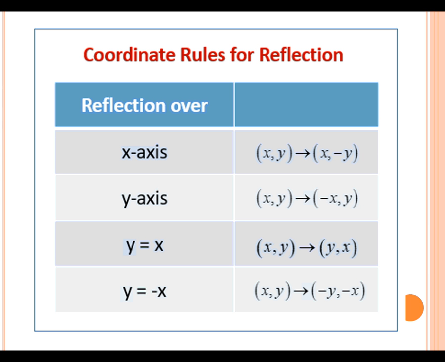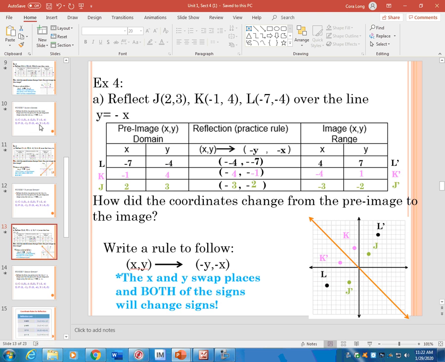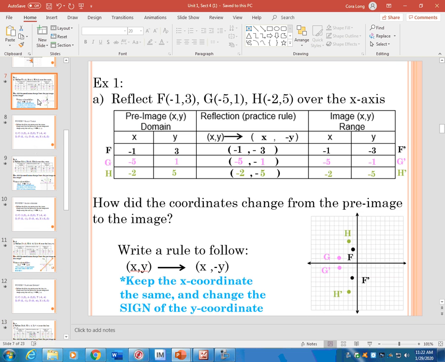So here are all the rules together just to sum up what we learned about reflecting over lines and their shortcuts. You don't necessarily have to use these rules all the time. For example, when you're reflecting over the x-axis, which I forgot to talk about, since the x-axis is the line of symmetry, they should be symmetric or mirror each other over that line.